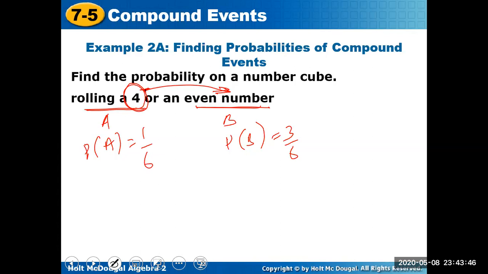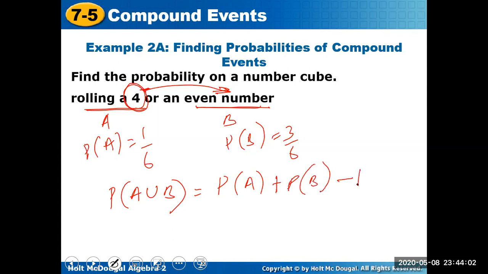So you can write it like this: probability of A union B equals probability of A plus probability of B minus probability of A intersection B, which is probability of A, as we saw, 1 over 6, plus probability of B, 3 over 6, minus, in this case, since the number is only 4 and even, here also it is 1 over 6.